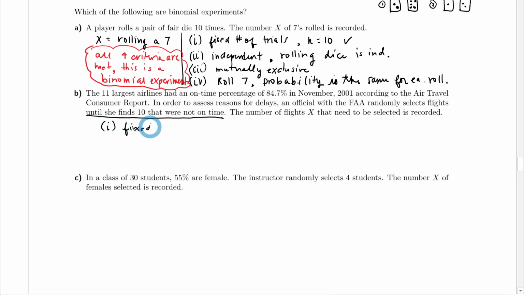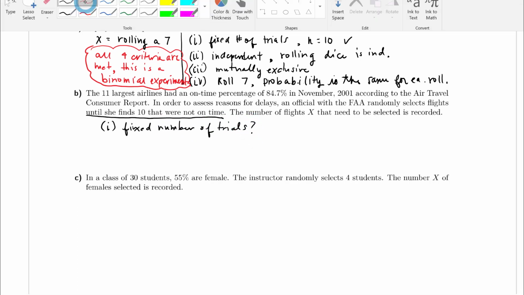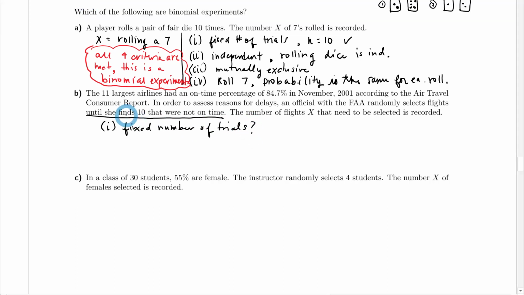So here, fixed number of trials, right? And I would ask you, well, okay, if she's going to randomly select flights until 10 were not on time, well, how many flights is that? And you would say, well, I'm not sure.